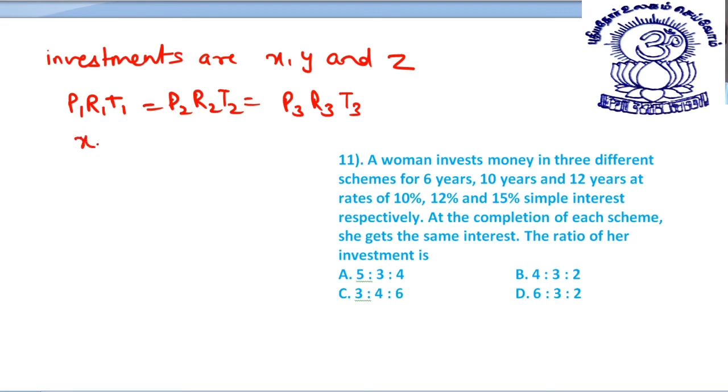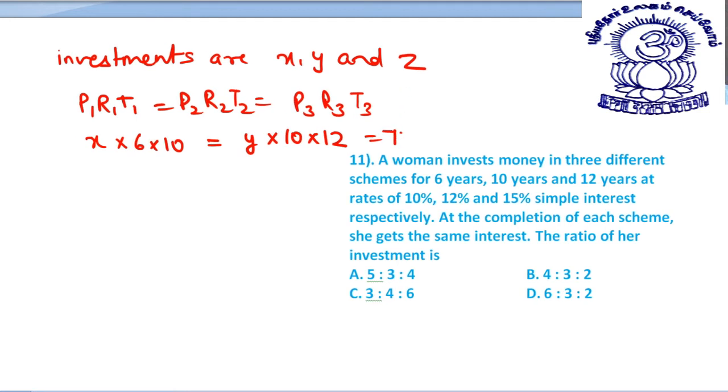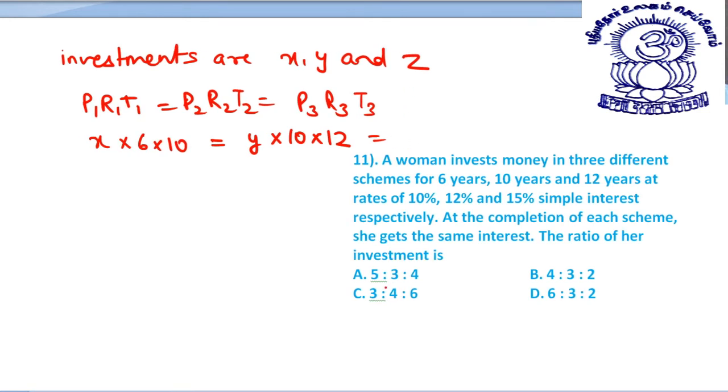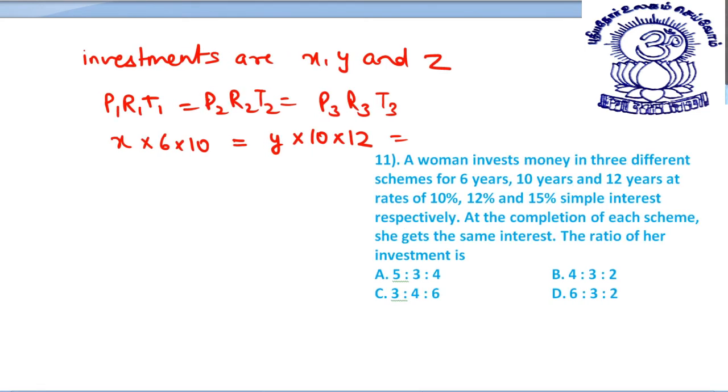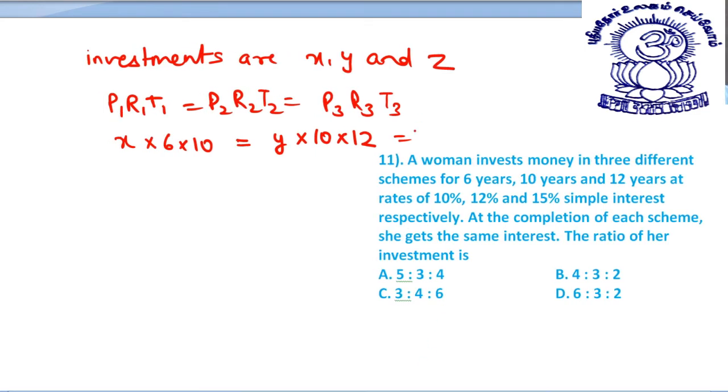Principal for first case is X, 6 years, 10%. Second case principal is Y, 10 years, 12%. Third case, the principal is Z, and investment is done at the rate of 15% for 12 years.